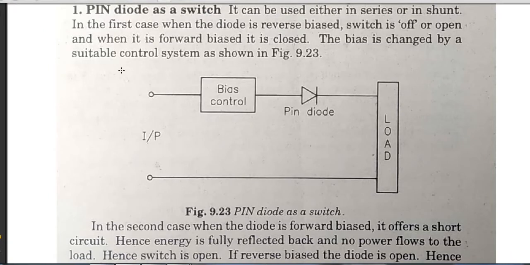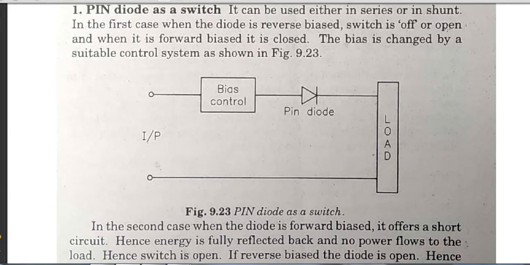Now, after knowing the nature, characteristics, and how the PIN diode is going to work, let us discuss the various applications of the PIN diode. The first application of the PIN diode is as a switch.